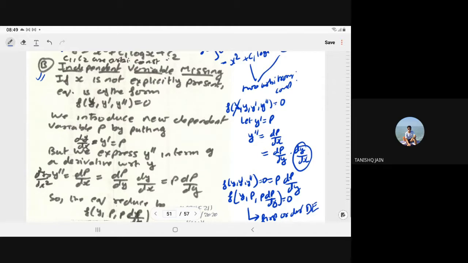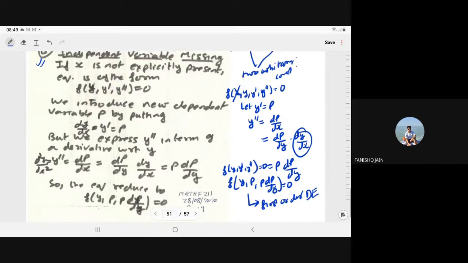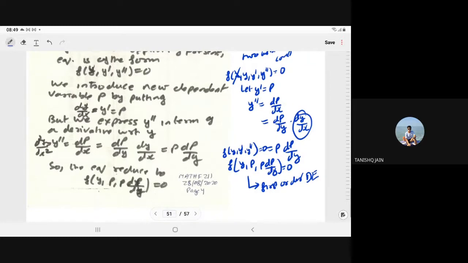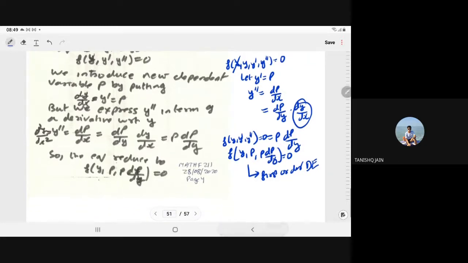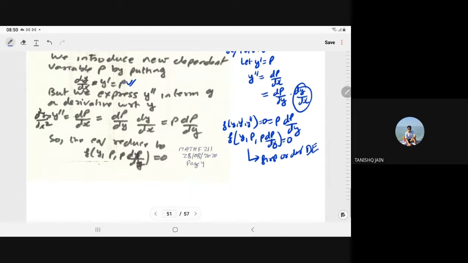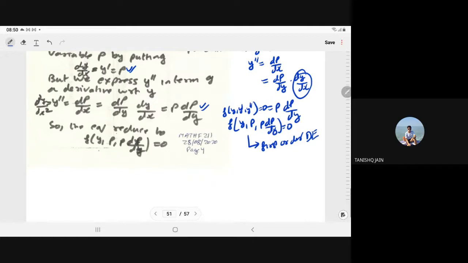So we assume y dash is equal to p. Then y double dash can be written as p into dp by dy. So our equation will reduce to f of y, p, p into dp by dy equal to 0.